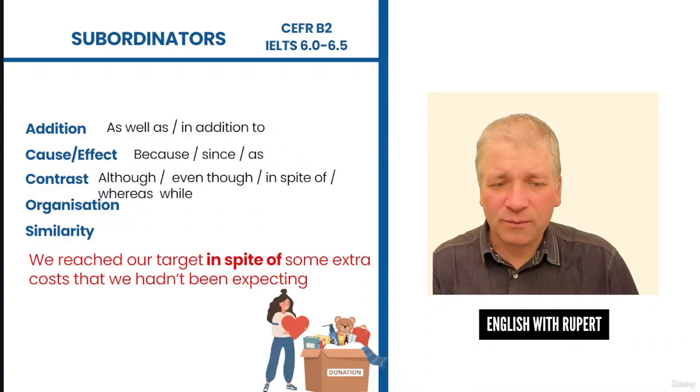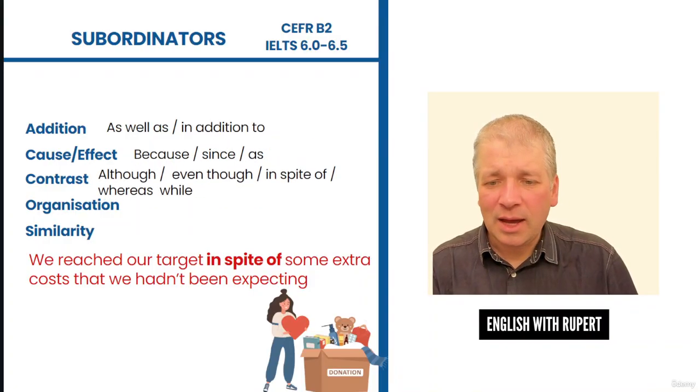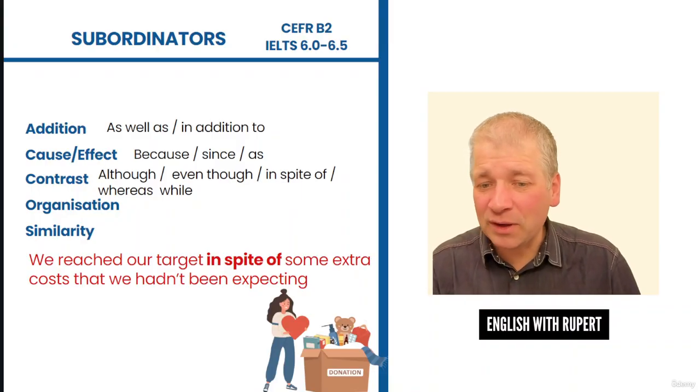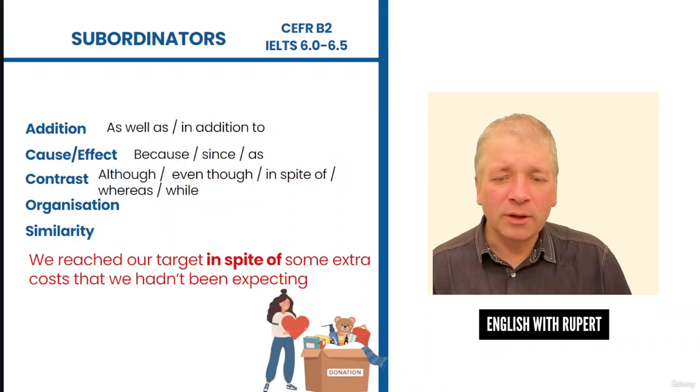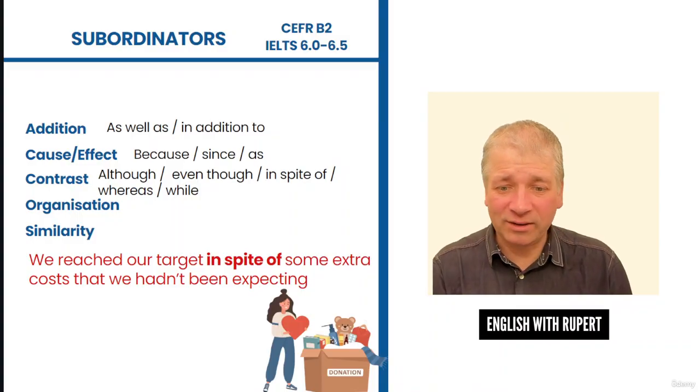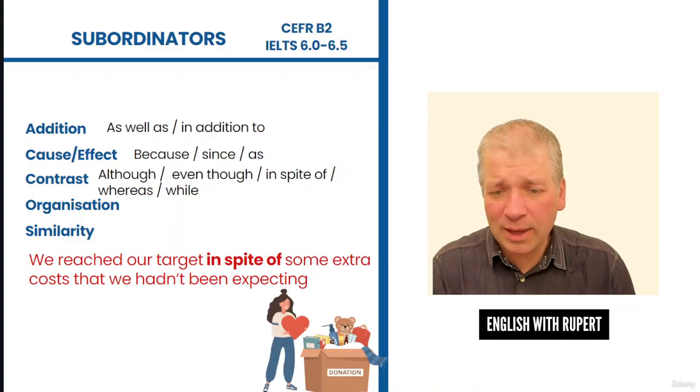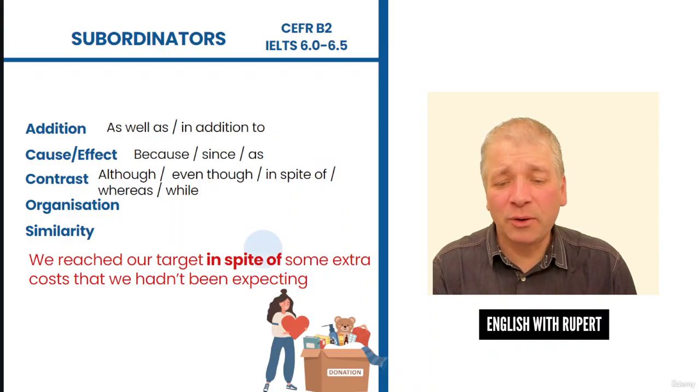Now there are lots of these. And here are just some of them. There are more than I've listed, but although, even though, in spite of, whereas and while are some of the most common contrast subordinators.